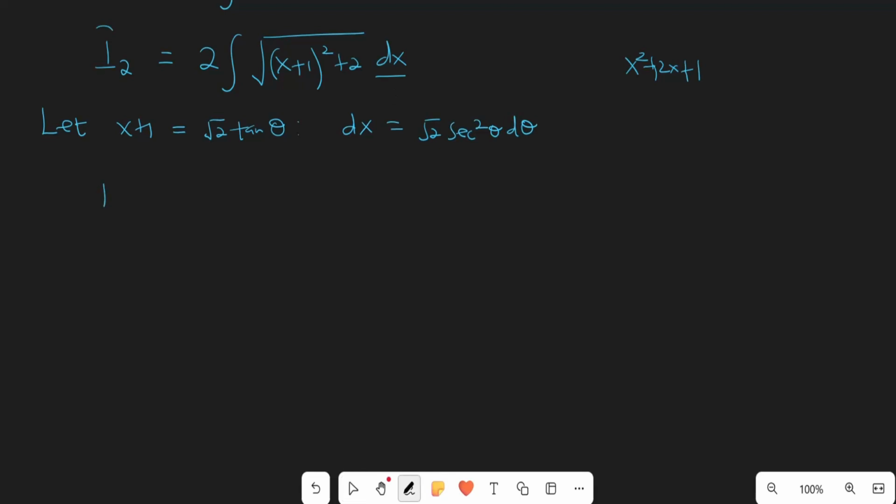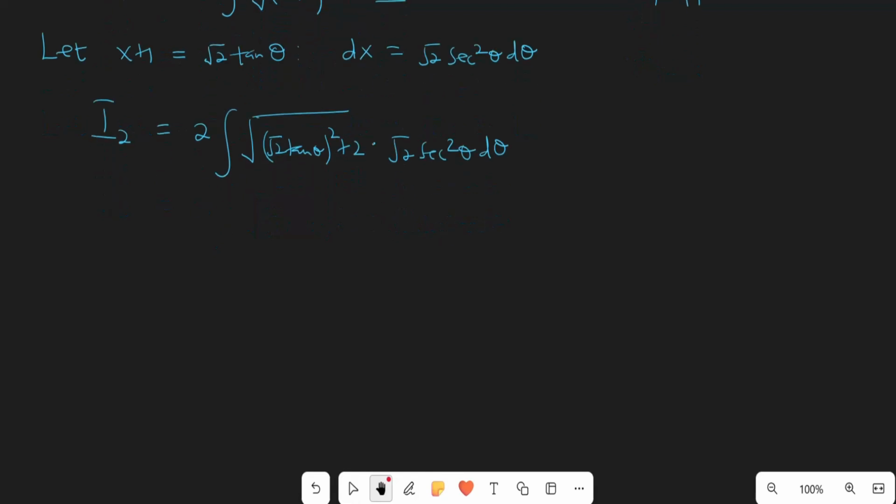And now we can take the integral from the x world into the theta world. So we have 2 times the integral of the square root of, this is now, square root of 2 tangent of theta squared plus 2, and dx is root 2 secant squared of theta d theta.